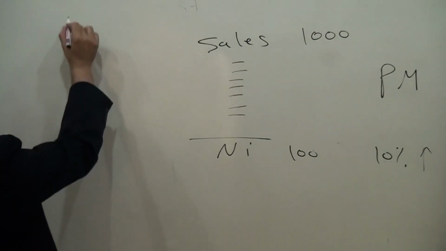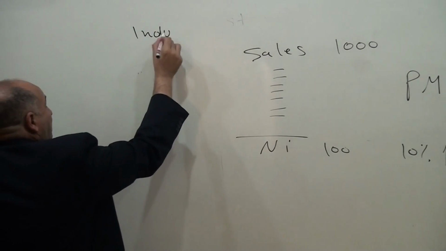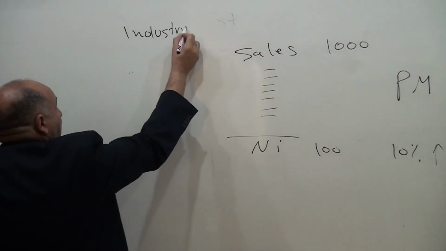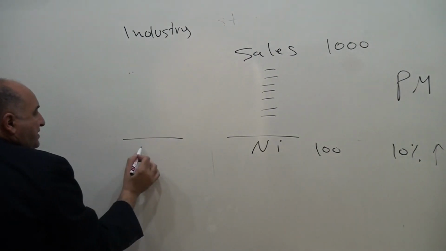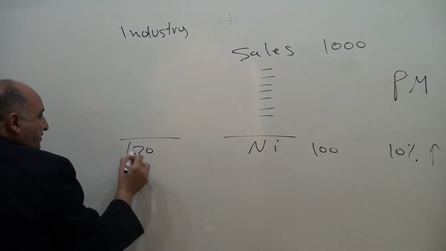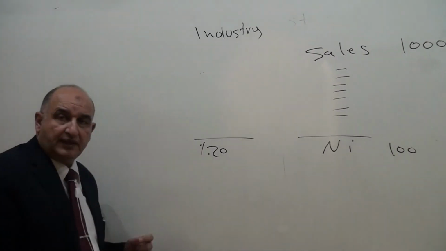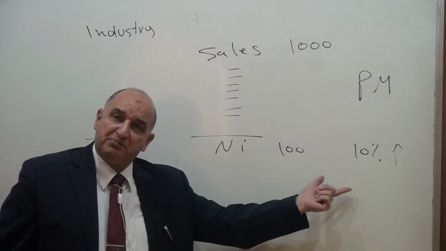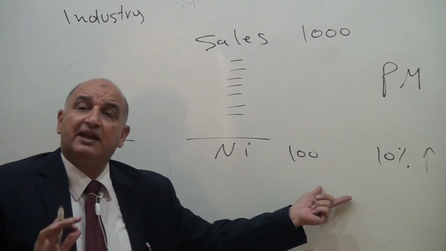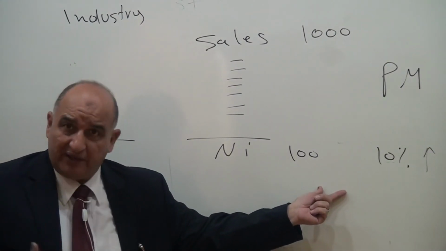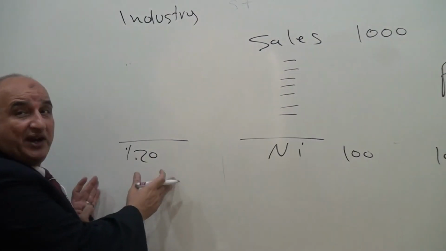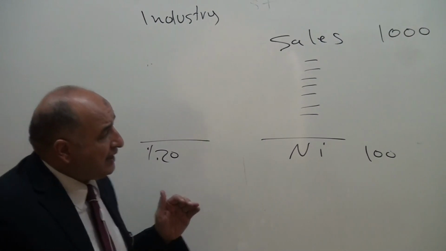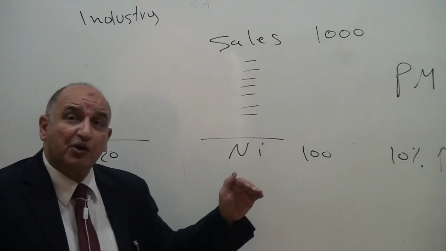If for the rest of the competitors in the industry this ratio is 20%, in this case, because our company has just 10%, it is in a very bad situation. Why? Because any of the competitors can push me out of the market.